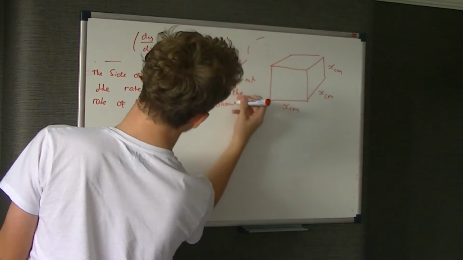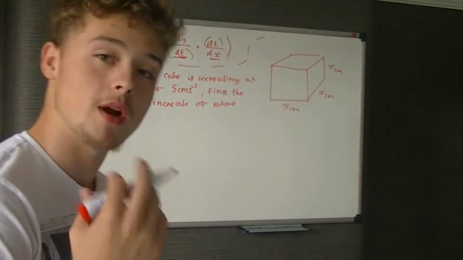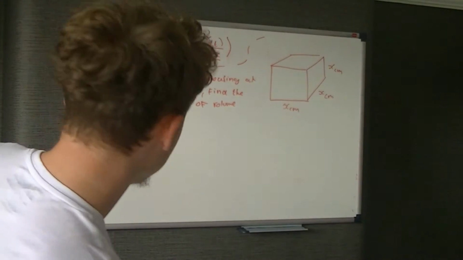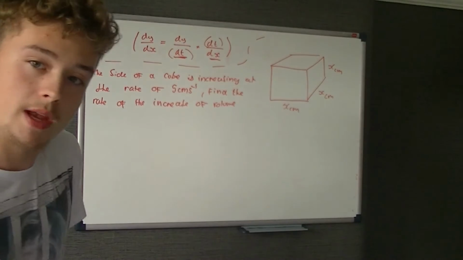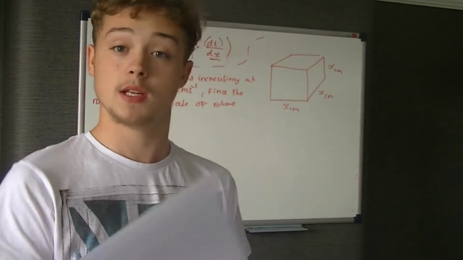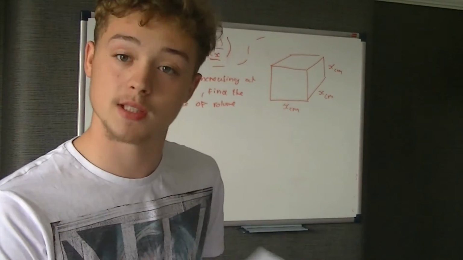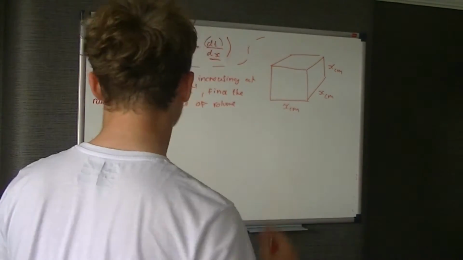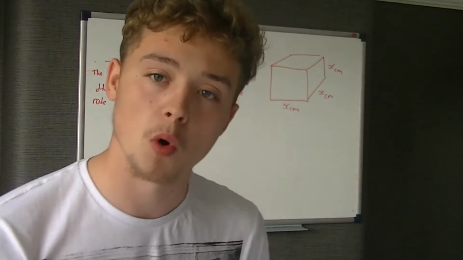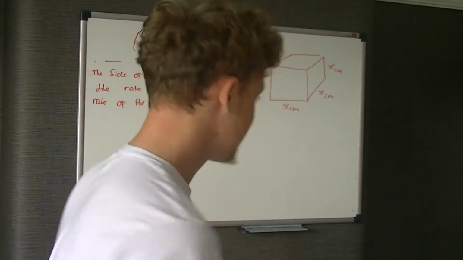Now, one key thing here is, obviously rate means changing, which means differential. And now, when you see a question that says this is increasing at a rate of this, but find the rate of this increasing, you've got quite a few rates there, so quite a few differentials. And the only differential equation that's got more than one differential in it is the product.